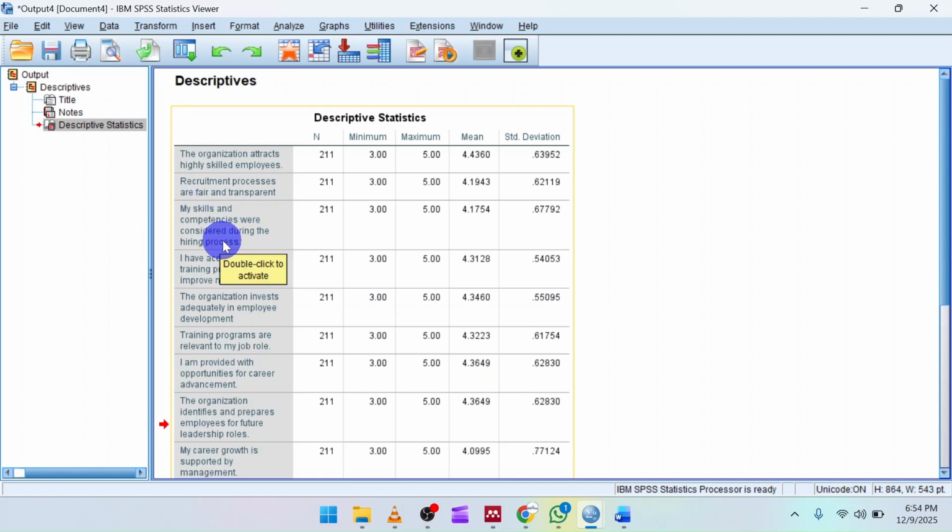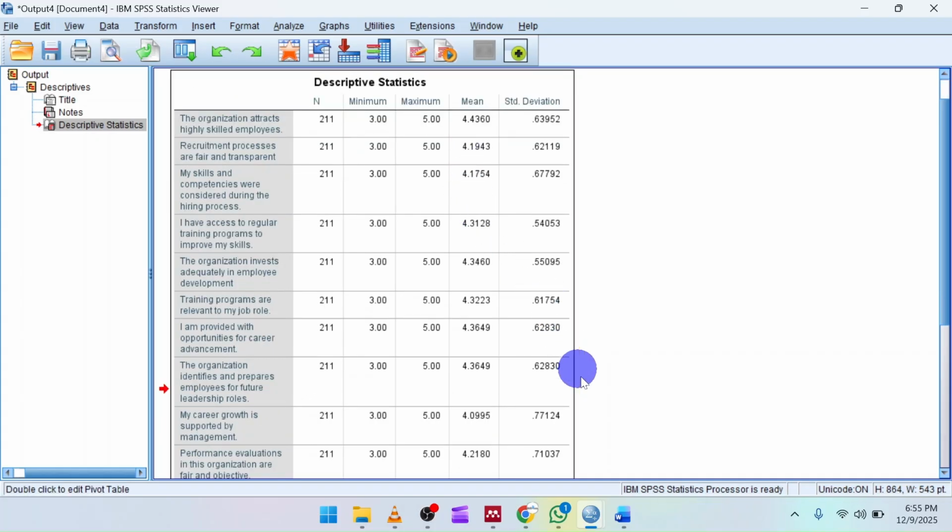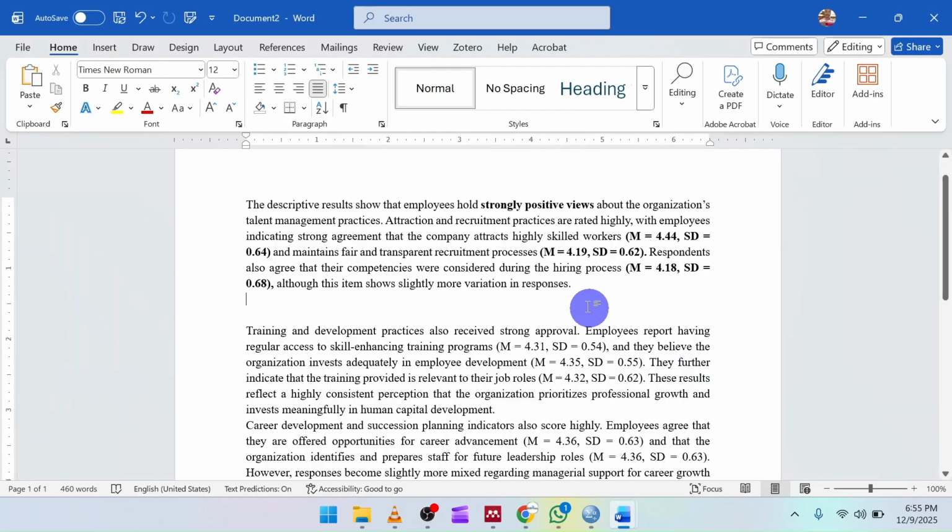Recruitment processes are fair and transparent with a mean value of 4.1943. Now, the interpretation is that attraction and recruitment practices are rated highly, with employees indicating strong agreement that the company attracts highly skilled workers.